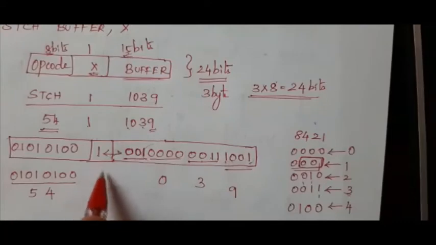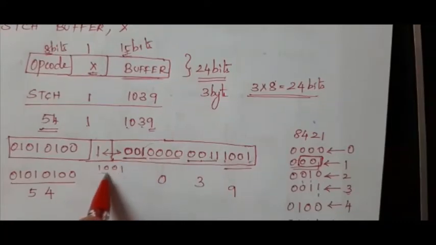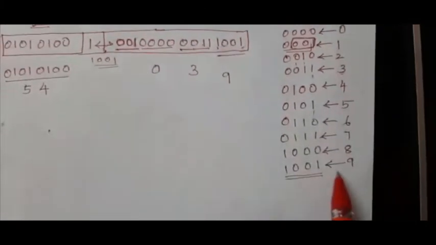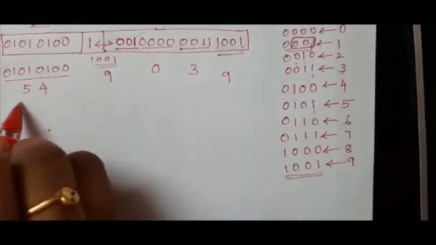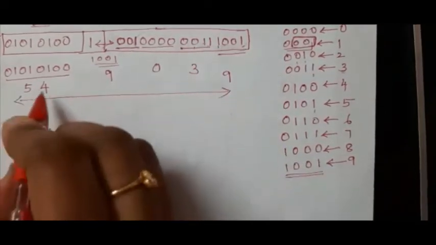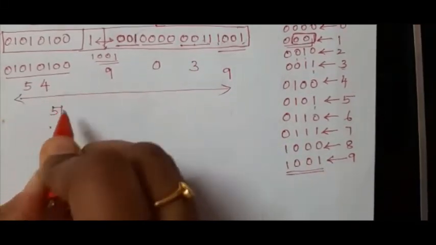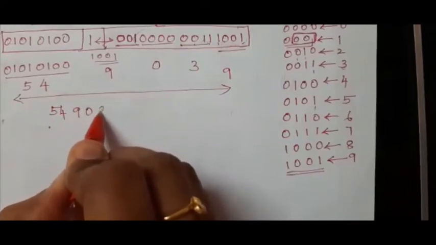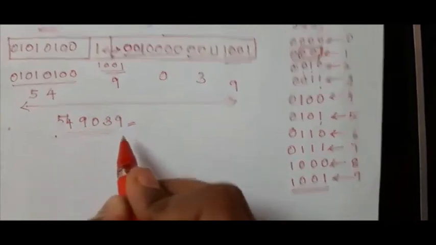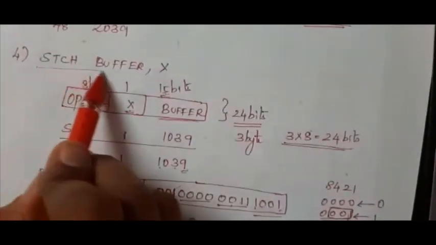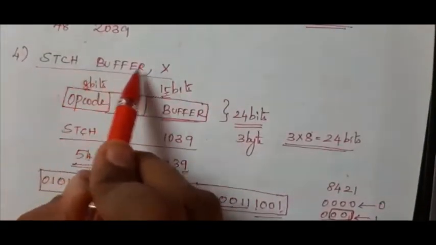So 1001 here is 9. So we have to write 9. Together you write it: 54909. So this is the address of the indexed addressing mode instruction STCH BUFFER,X.